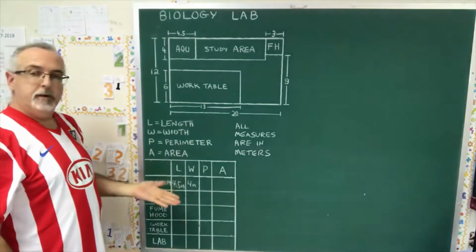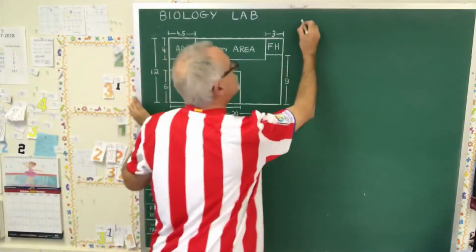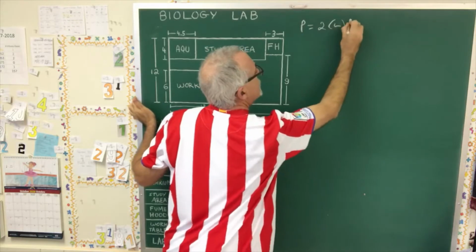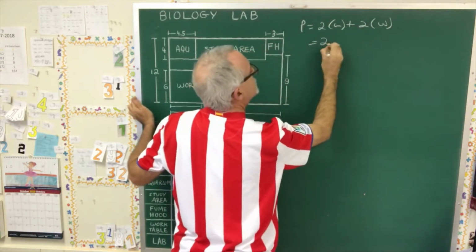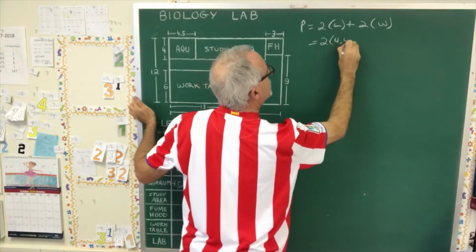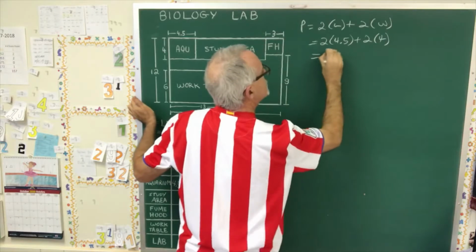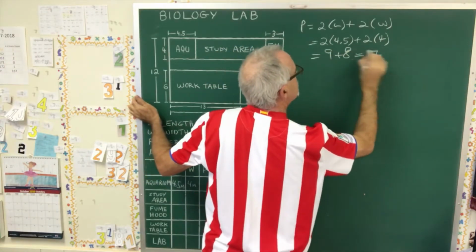To get the perimeter, we are going to use the perimeter of a rectangle formula, which is P equals 2 times the length plus 2 times the width. In this case, that is 2 times the 4.5 plus 2 times the 4, which is 9 plus 8, which is 17 meters.